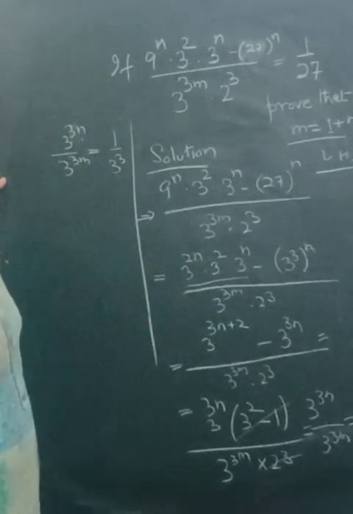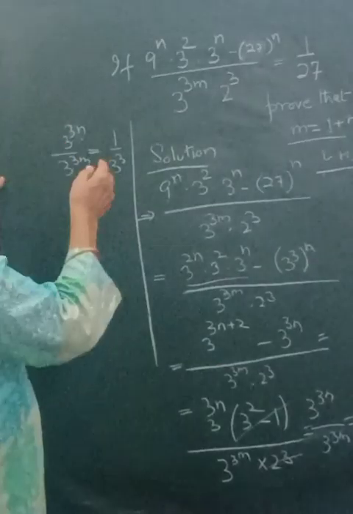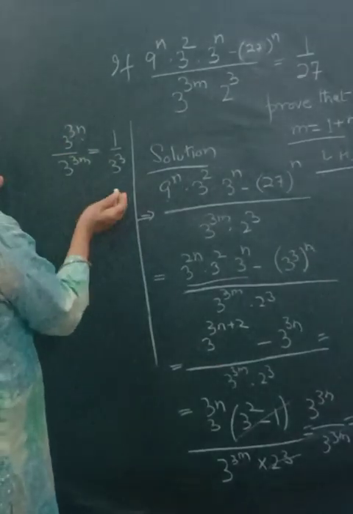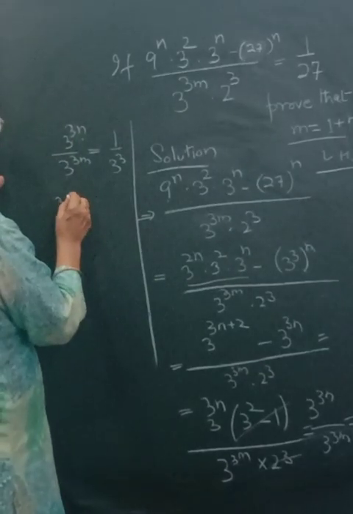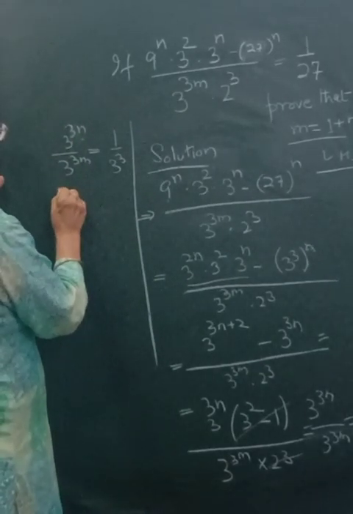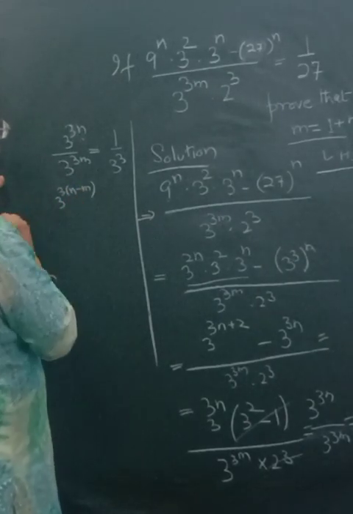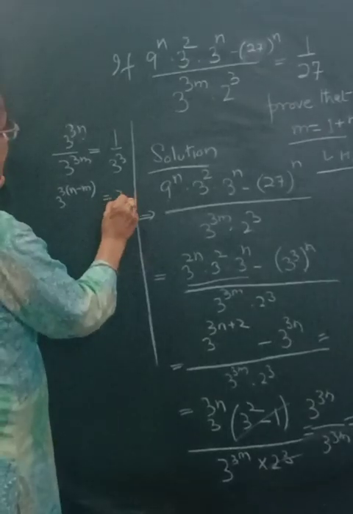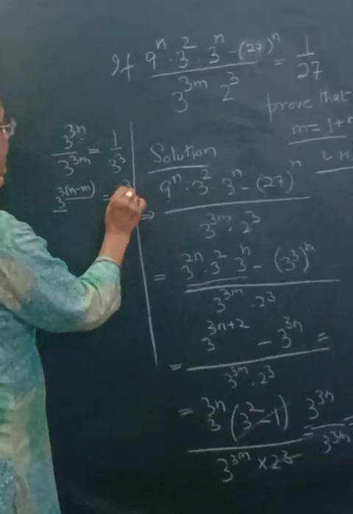All the powers are in the form of 3. This can be written, taking this upward, as 3 to the power 3n minus 3m is equal to 3 to the power minus 3. Now base is same, so powers will be equal.